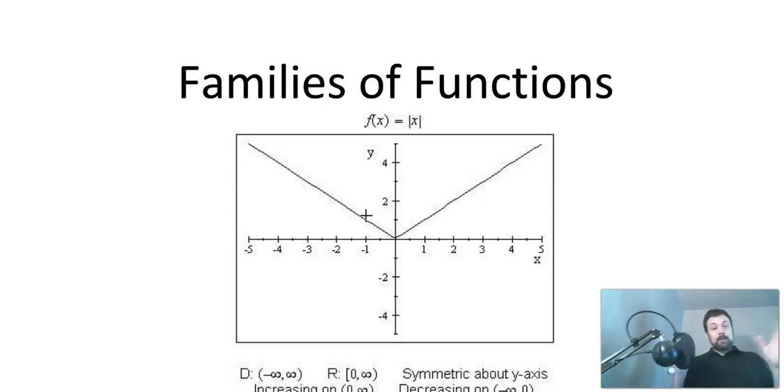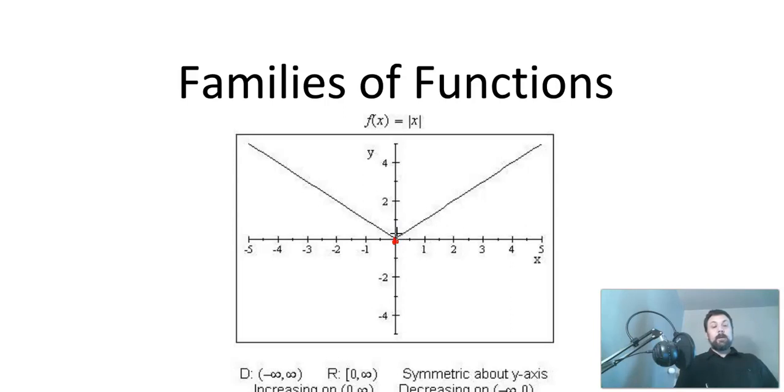HTML5's come a long way. It can draw things on canvases. But this software that I was using to do this graph had a little glitch right here. So you can see that the pointy end of the V should be directly on the origin, but it's a little bit above it where it shouldn't be. And that's maybe not a glitch in the software even, but maybe a glitch in the code that I wrote for drawing these graphs.